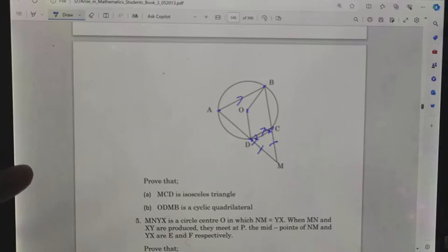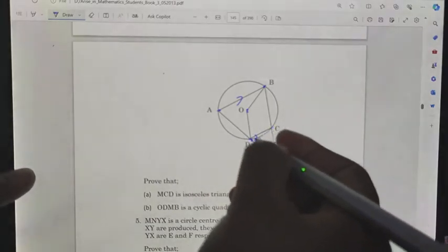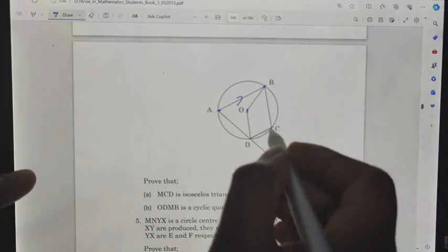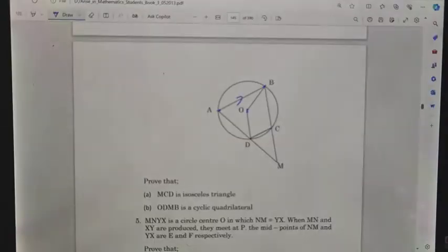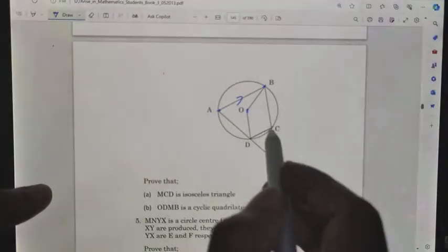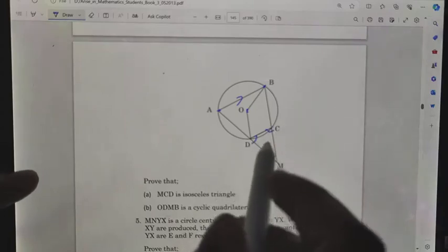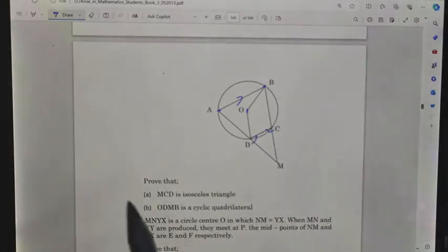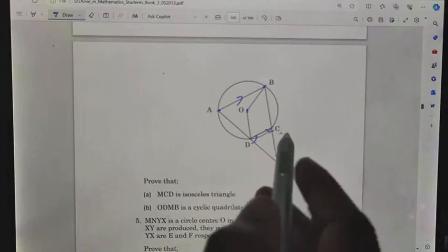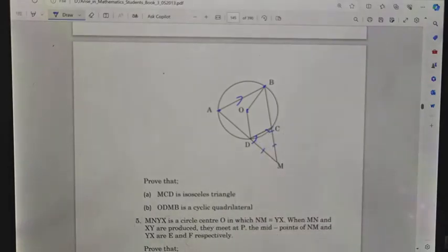So in this scenario, we are going to show that this angle and that angle are equal. If those angles are equal, it means those are base angles of an isosceles triangle, because they can only be equal if that line and that line are equal. So let's see how we can go about it.